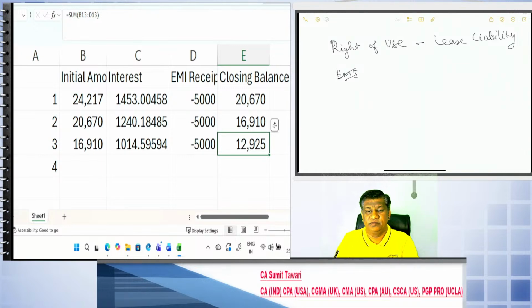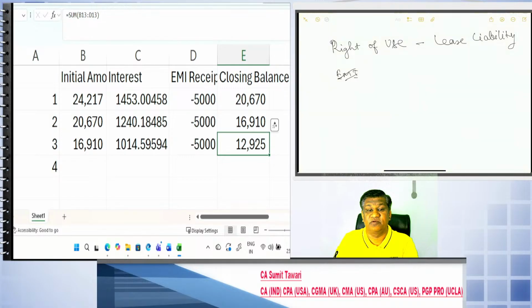So the present value is my right of use asset, 48,337 or 408. So the entry is right of use asset debit to lease liability credit. This is debit and this is credit. Clear? This is my first entry.